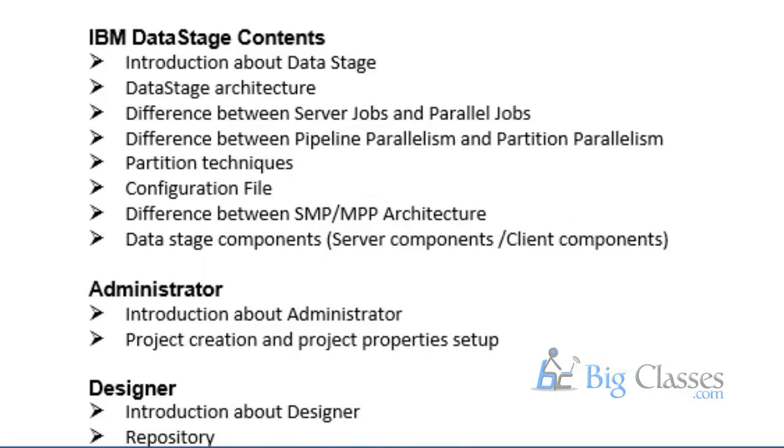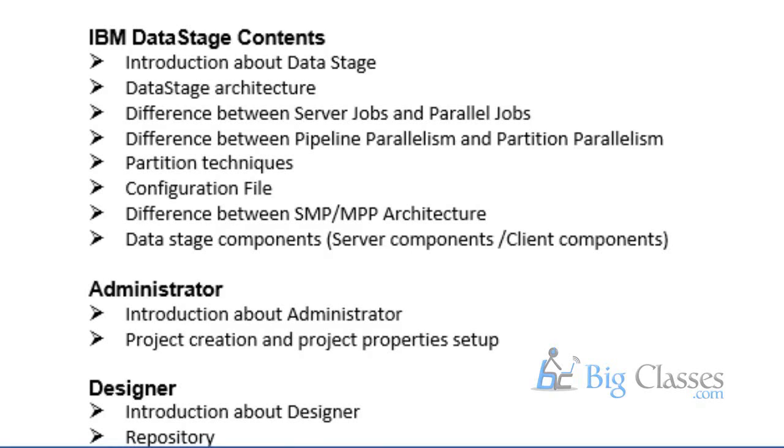Currently, 9.1 is the latest version in the industry. I'll train the people on 8.5 and 8.7 as well, but I'm going to cover the concepts of the 9.1 version, what extra features the 9.1 version has. And at the same time, coming to the DataStage architecture.